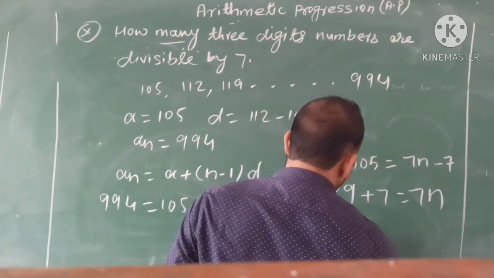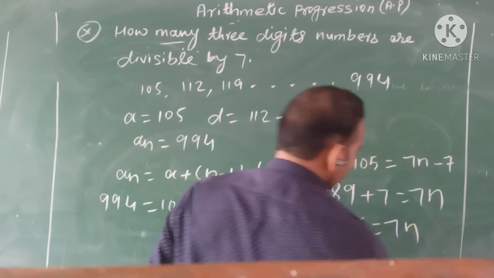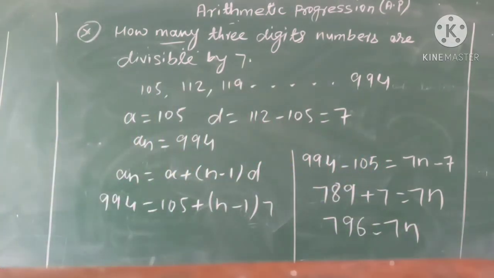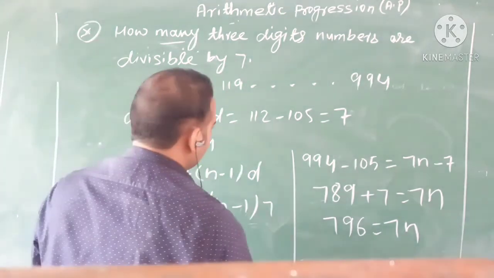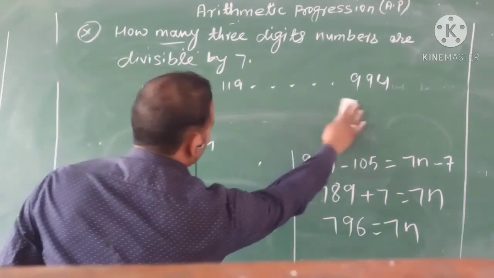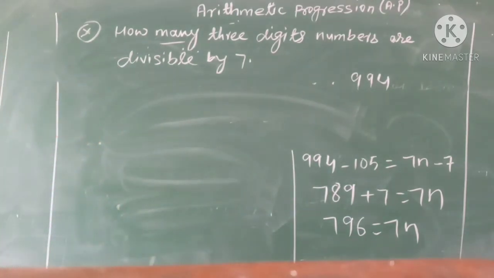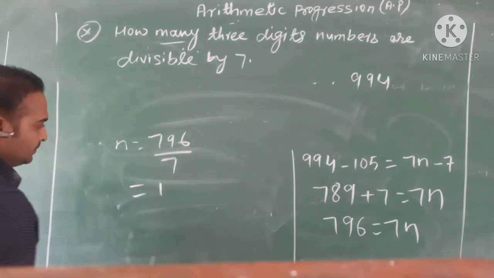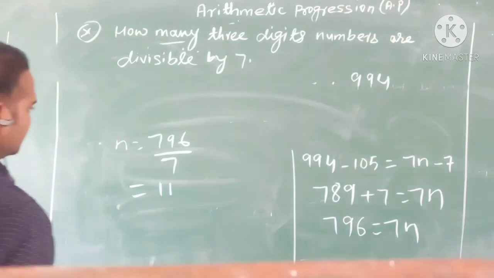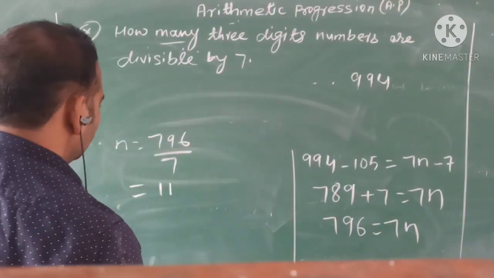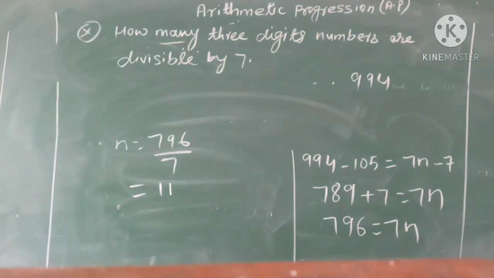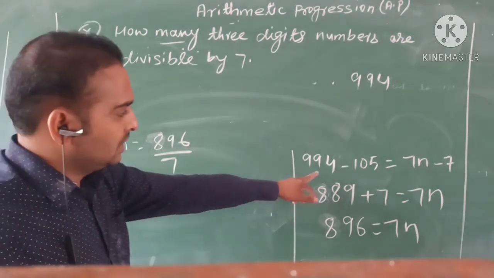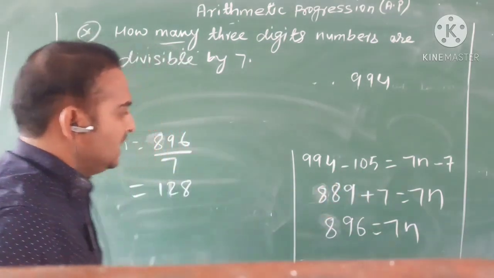Then n is equal to 896 divided by 7. Actually, there was a little mistake of addition.